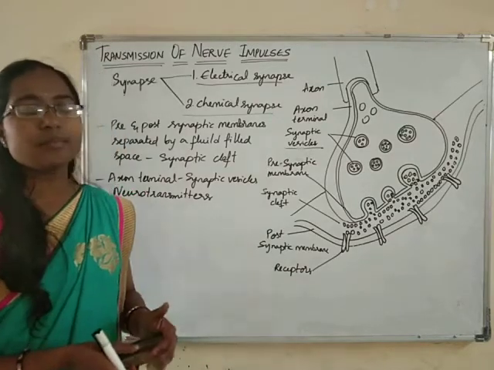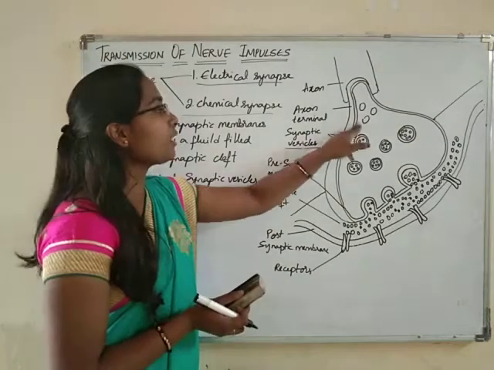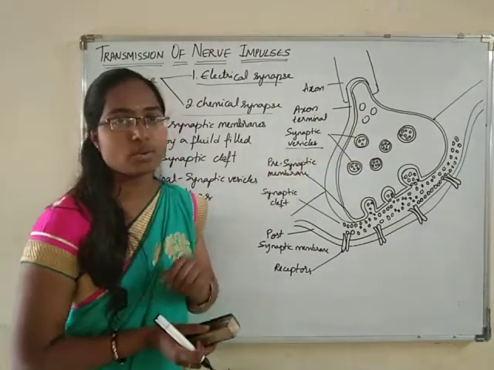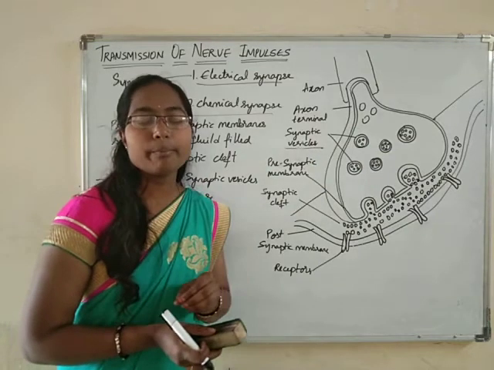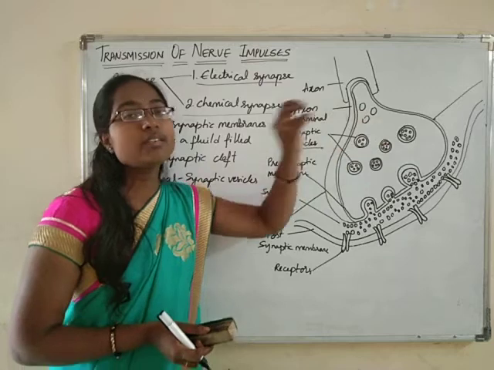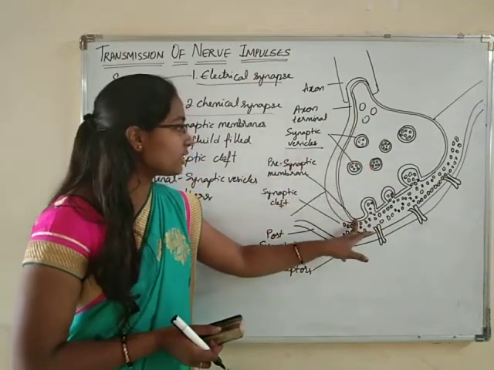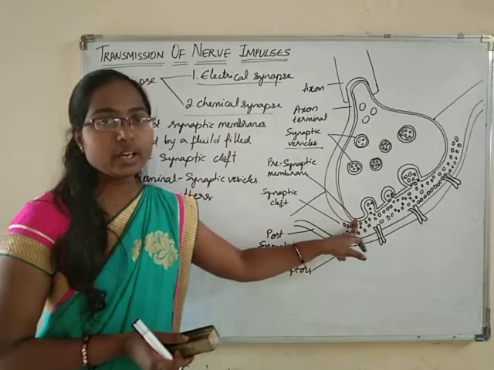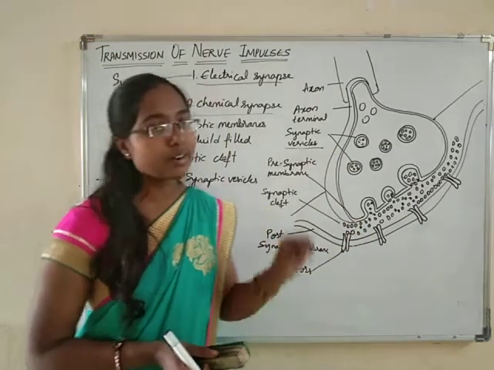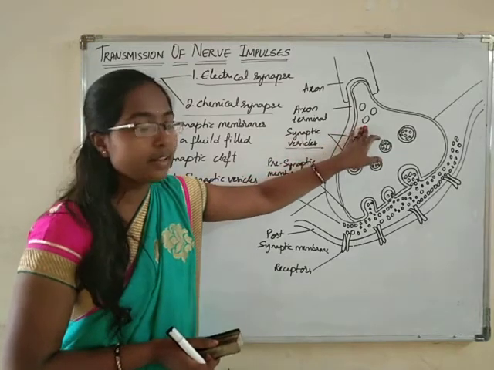Whenever a nerve impulse reaches the axon terminal of the presynaptic neuron, it causes the synaptic vesicles to move towards the presynaptic membrane.